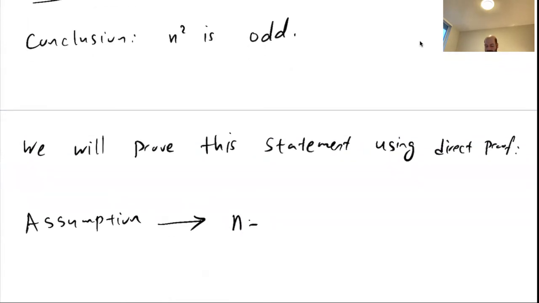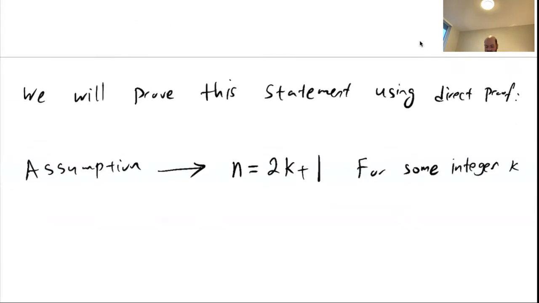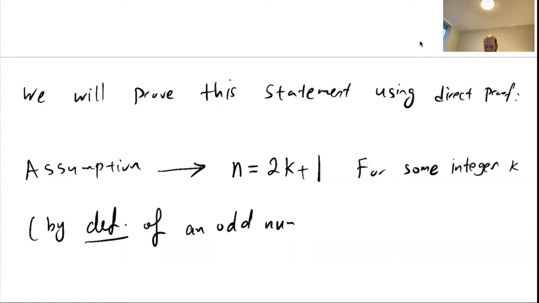The definition of an odd number is any number of the form 2k plus 1 for some integer k, by definition of an odd number. So far we have already used the definition of an odd number.